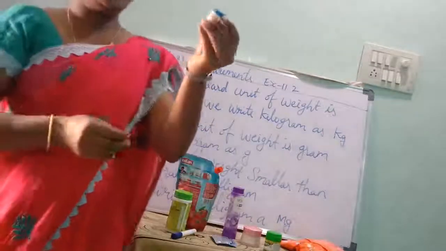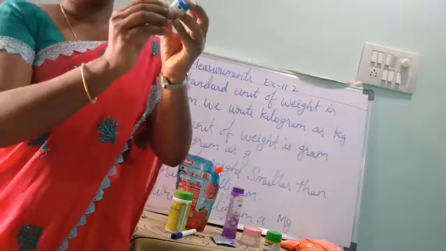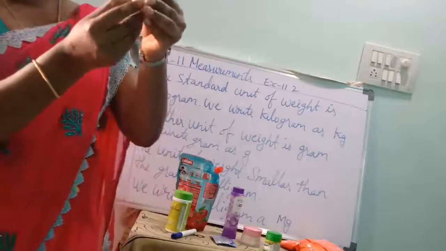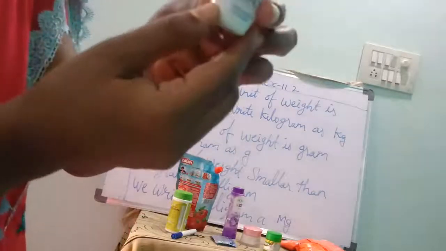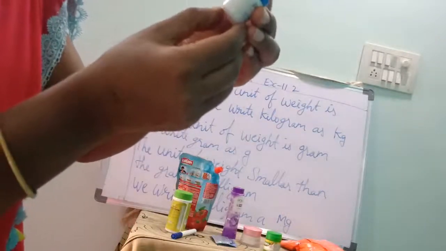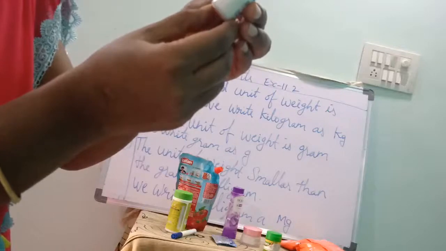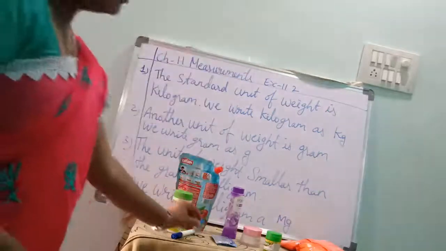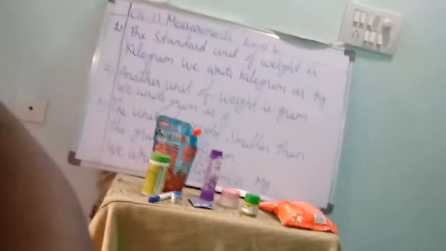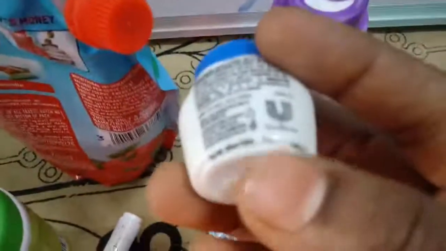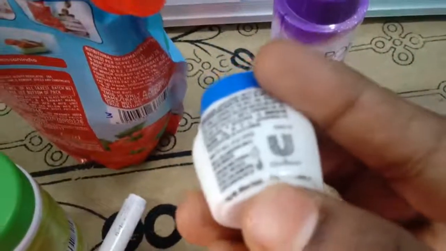See, this is Pond's cold cream. See, 6 gram. I will show you the weight. See children, the weight of this Pond's is 6 grams.